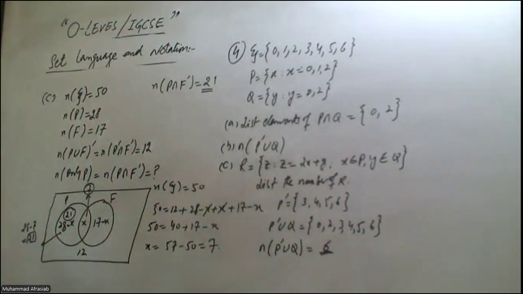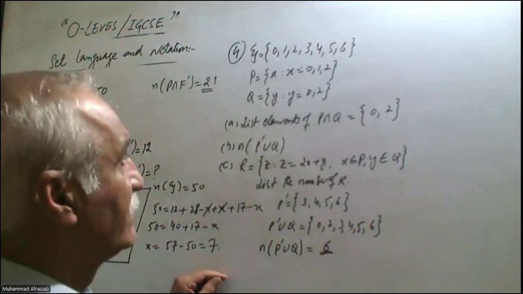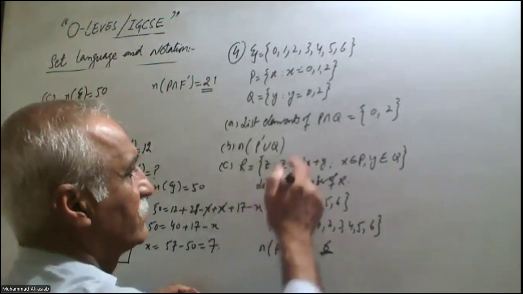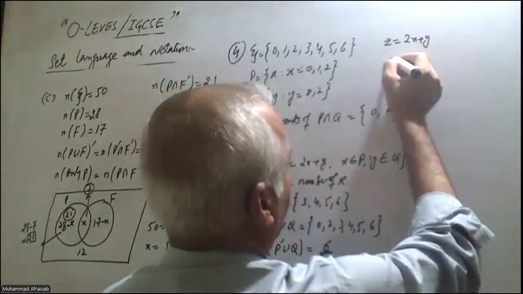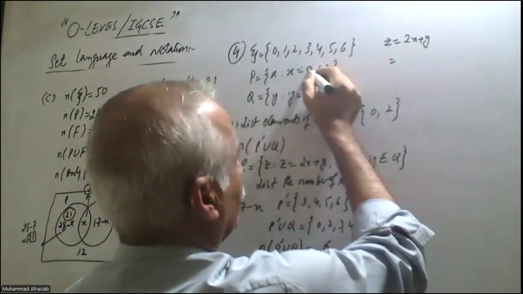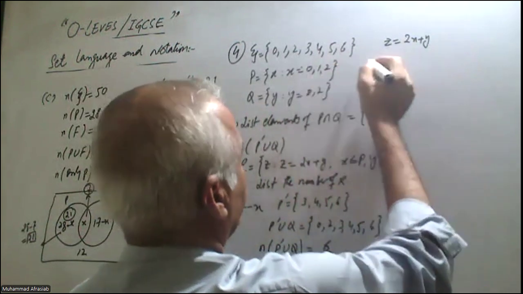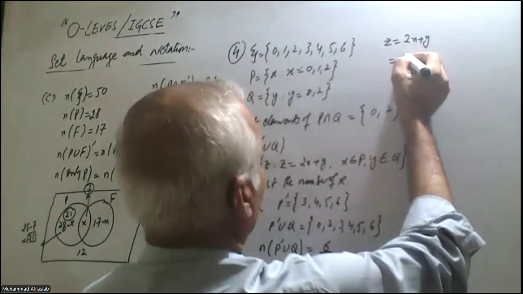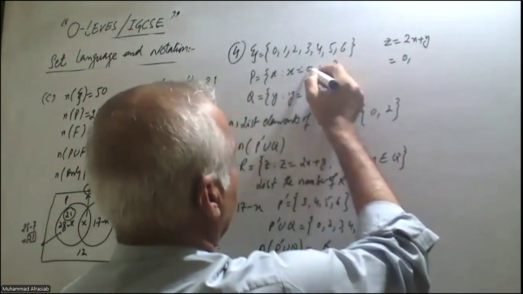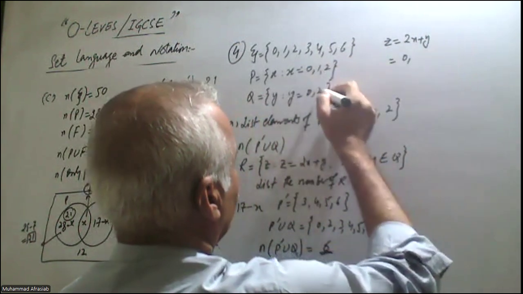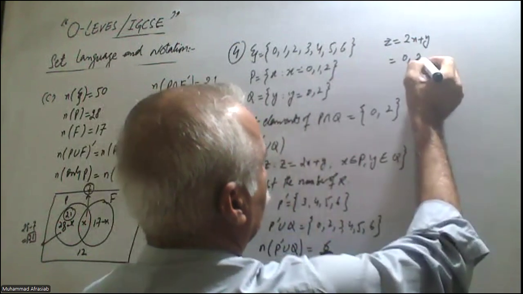Then the third part C. R is such that Z is equal to 2x plus y, where x belongs to P and y belongs to Q. So Z is equal to 2x plus y. If x is 0 and y is 0, 0 times 2 plus 0 is 0. Then 0 times 2 plus 2 is 2.